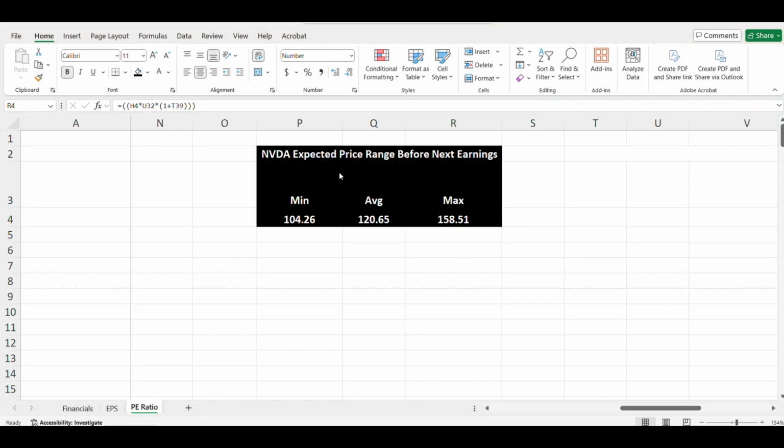So for some reason, if Nvidia goes down below 110 or close to the minimum value, that will make Nvidia a very attractive buy. And this is a possibility that in the next 3 months, Nvidia might go below 110, right? Because things happen.